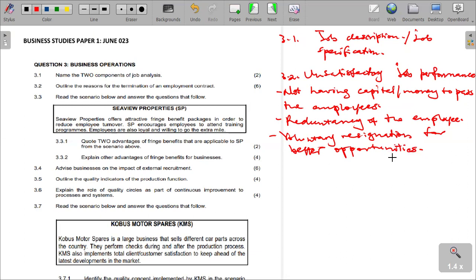An employee might just leave the workplace because he wants to find better opportunities somewhere. We can talk about employees reaching the predetermined age of retirement.